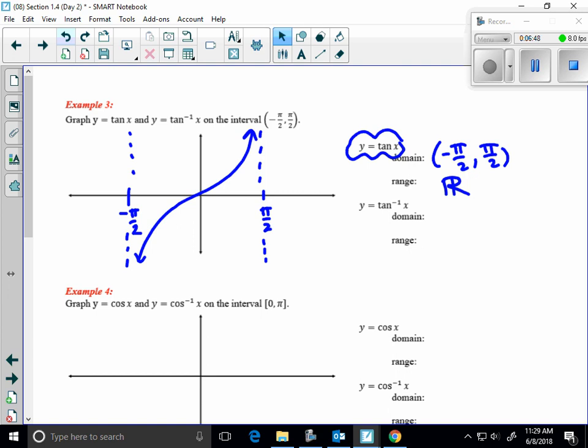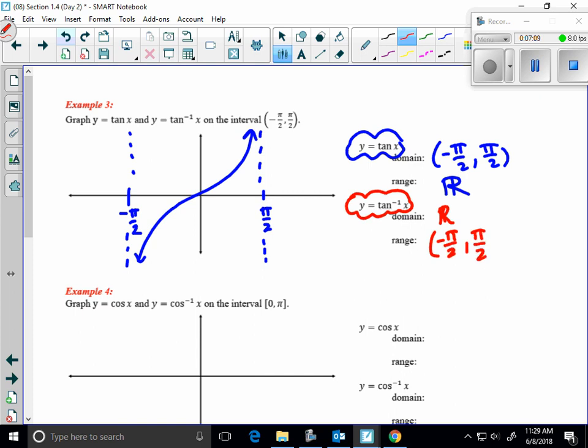Okay, you can see the range is not limited, but the domain, we have these imaginary phone booth walls that are restricting that. So the inverse tangent is going to take on the flipped restrictions. Now the domain is all real numbers, and the range is negative pi over 2 to pi over 2. So what does that look like?